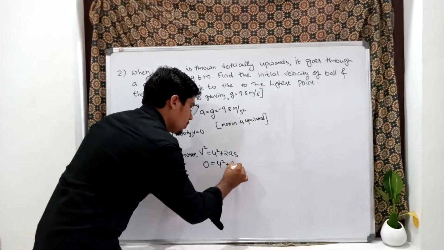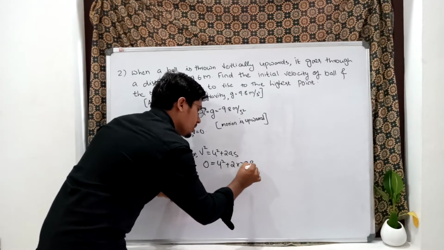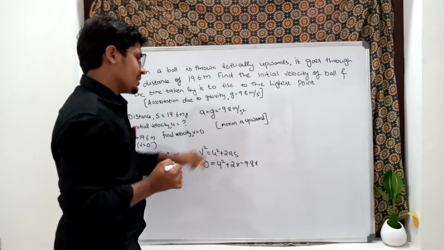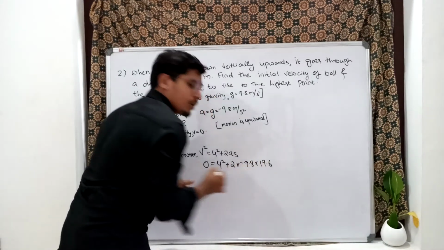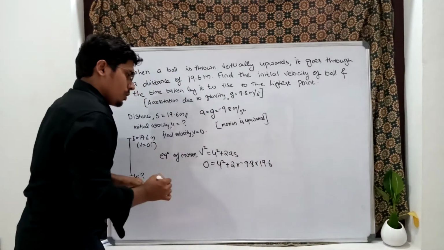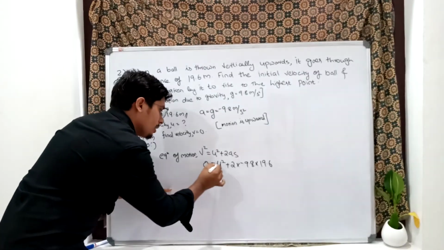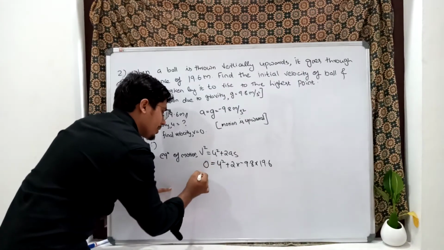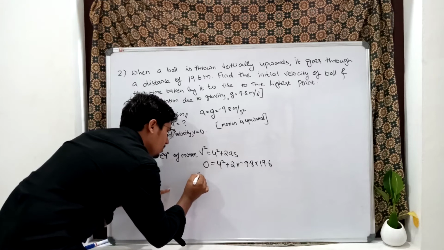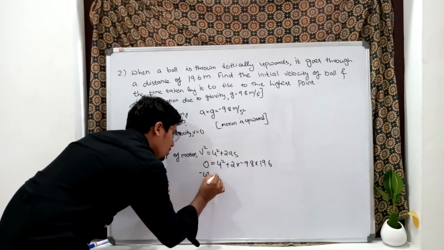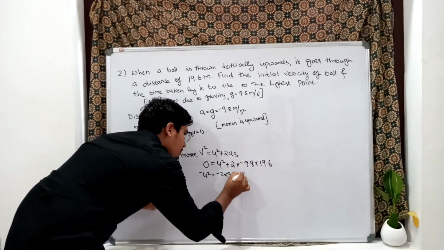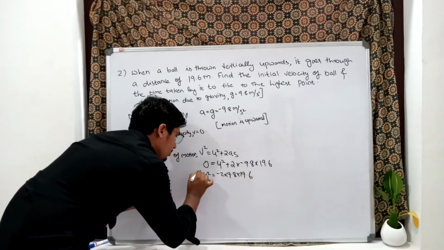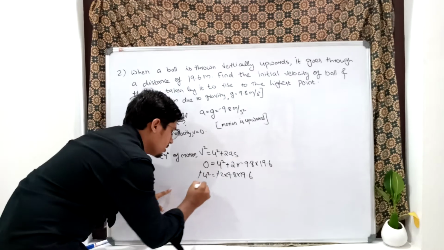Therefore 0 equal to u square plus 2 into minus 9.8 into the distance given, 19.6. Ready? So here we have to find u. Therefore minus u square equal to minus 2 into 9.8 into 19.6. I am cancelling these two negatives.